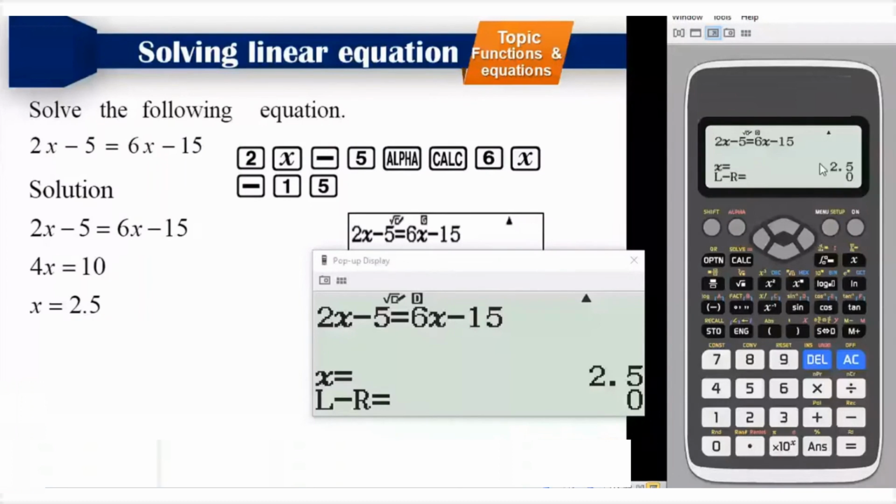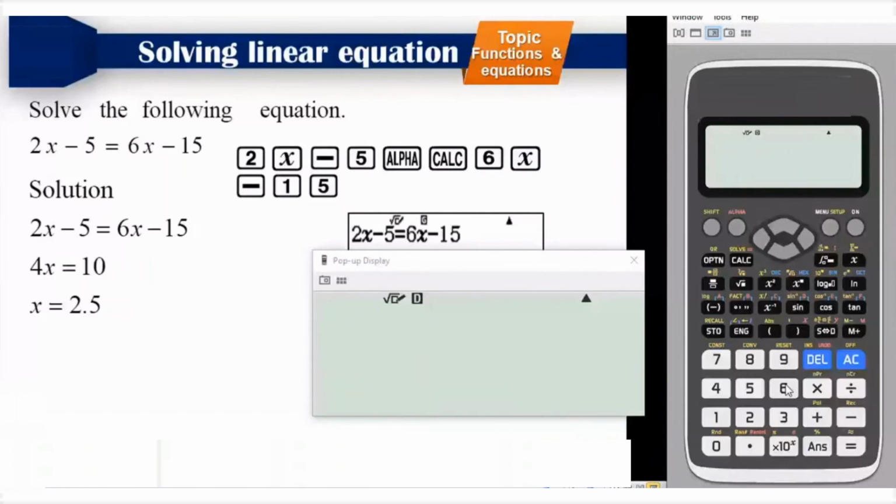I will solve the question once again. I have pressed 2x minus 5. In order to write equals, I have to press alpha and calculate. I wrote 6x minus 15. And I will press equals, and I will press shift and solve.